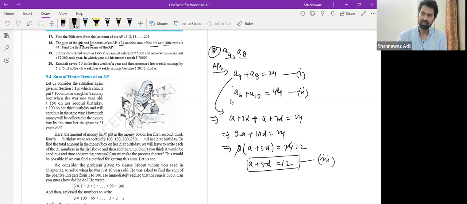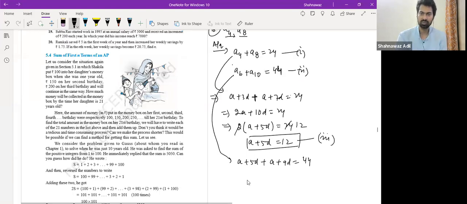And if I solve the second equation, this would give me a plus 5d plus a plus 9d equals 44. So this would be 2a plus 14d is 44. Again I take 2 common, so this would be a plus 7d equals 20.